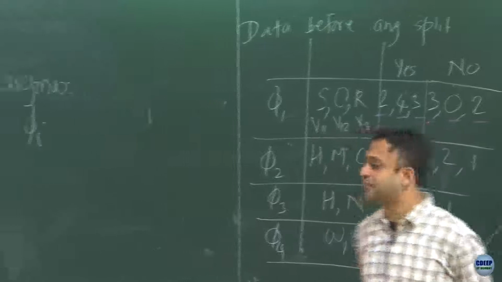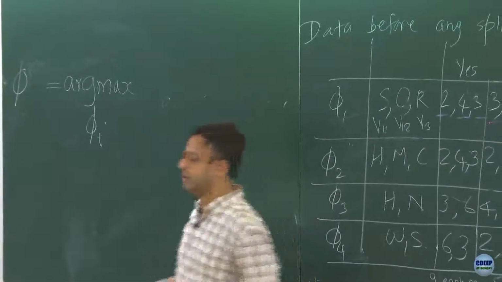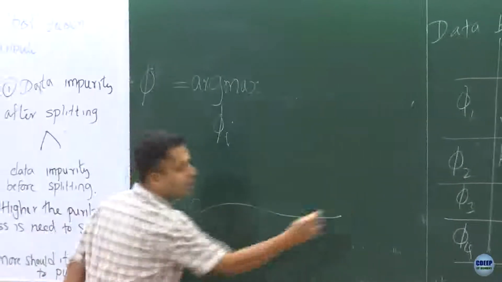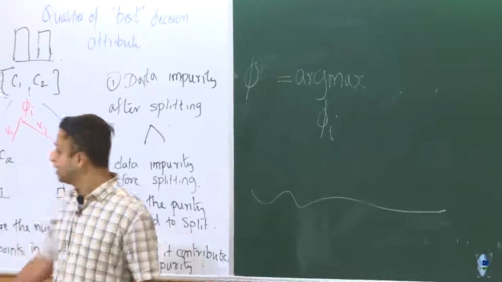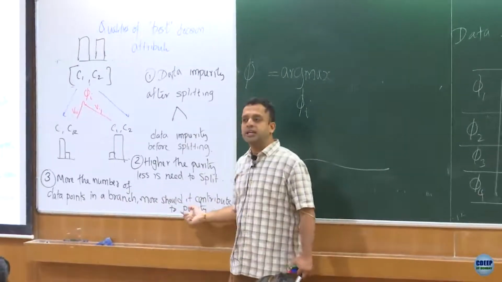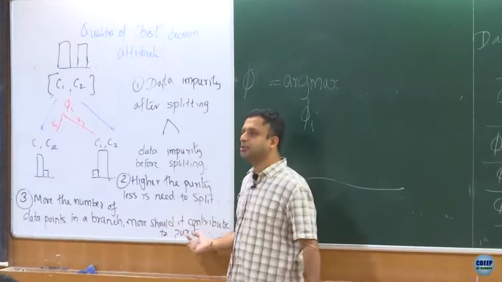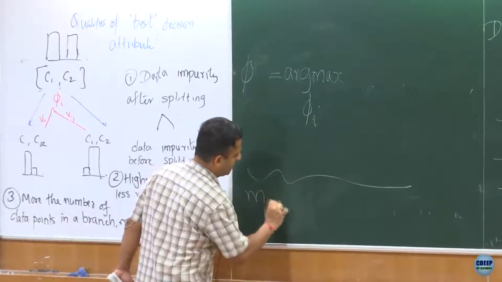I'm asking for a general expression. What would I like here? I want maximum reduction in weighted impurity. We want reduction, but I want the impurity contribution to come based on the weight. So help me write an expression.